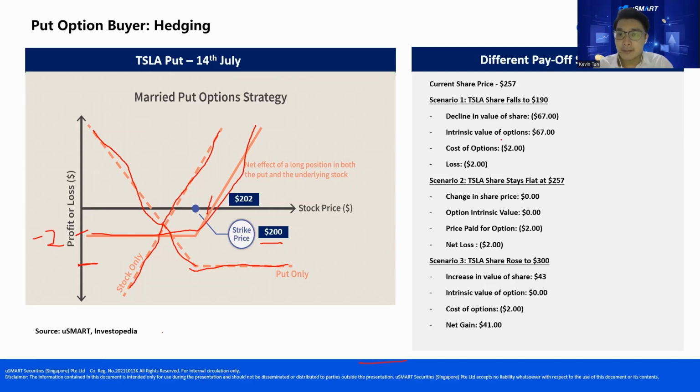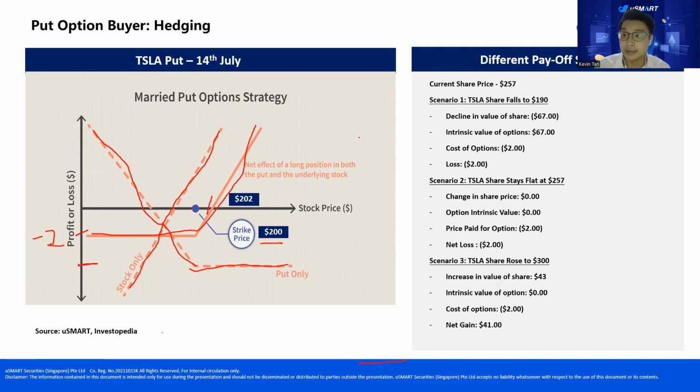So when that happens, when Tesla shares fell from $257 to $190, you will suffer a loss of $67 due to the decline in the value of the share. But at the same time, your Tesla options also become in the money. So there is an intrinsic value of $67, right?